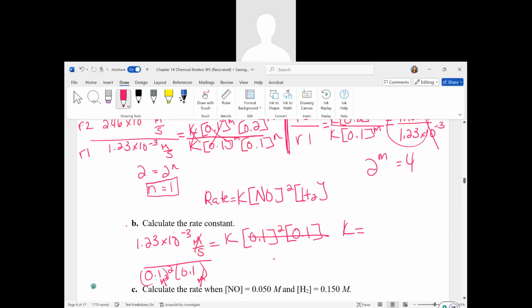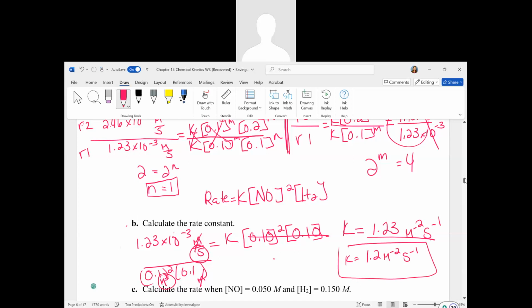So this would cancel with this, and our units will end up being molar to the negative 2, seconds to the negative 1, and this would initially give us 1.23, but due to significant figures, these are only 2 values here, I'm going to have 1.2 molar^-2 second^-1 as my final K value.